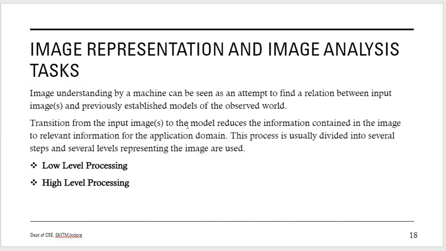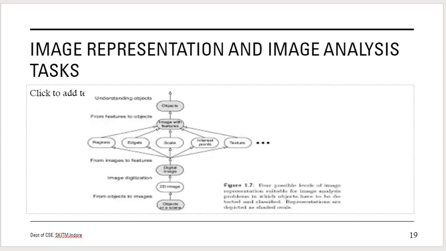The transition from input image to the model reduces the information content in the image to the relevant information for the application domain. This involves certain steps at certain levels for representing the image. So we have 2 types of processing: the first is low level processing and the second is high level processing.